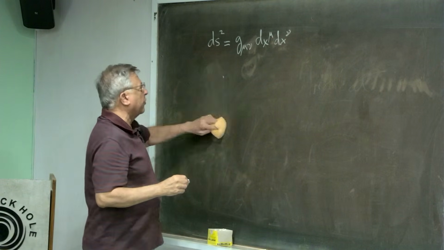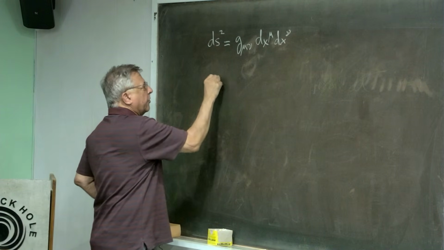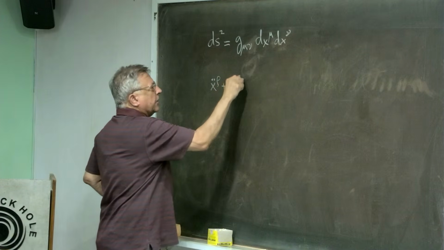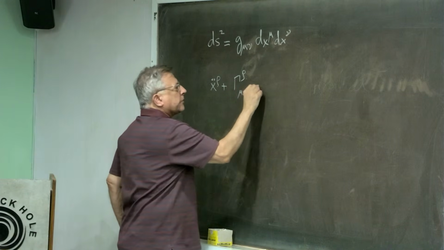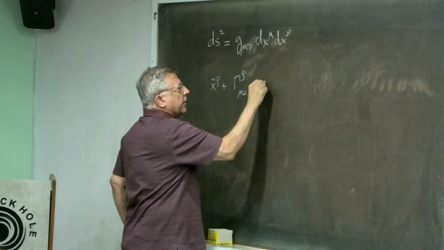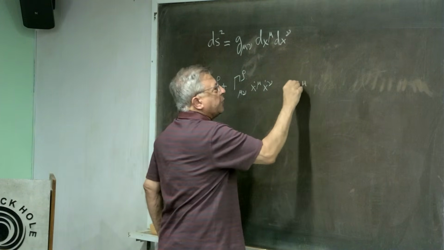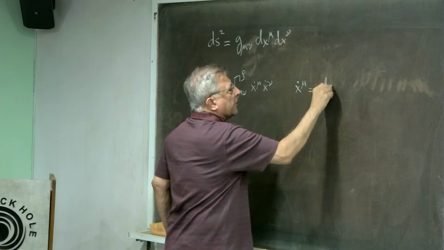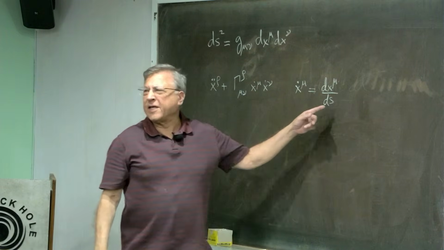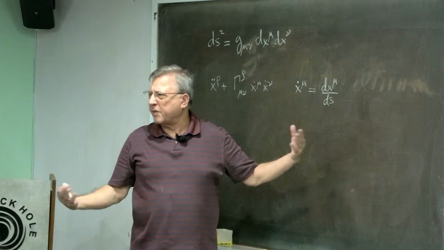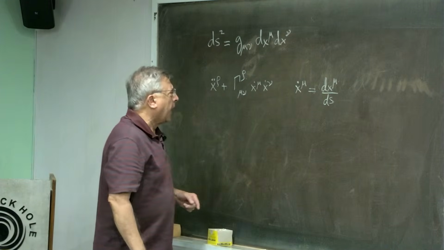Let me use the same notation as before: x double dot rho plus gamma rho mu nu x mu dot x nu dot, where x mu dot means dx mu by ds, but it could also mean anything else. It could mean time, it could mean any parameter which increases as you go from A to B.